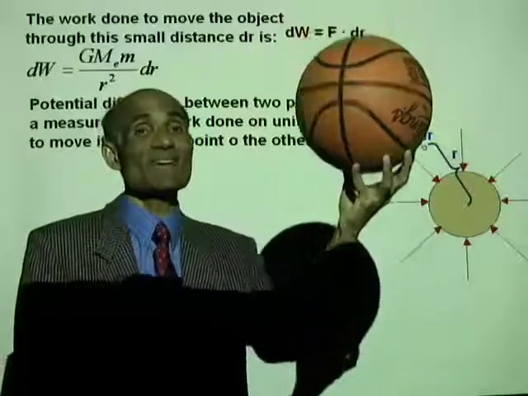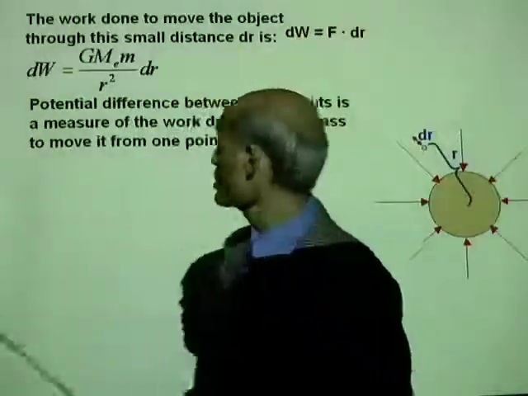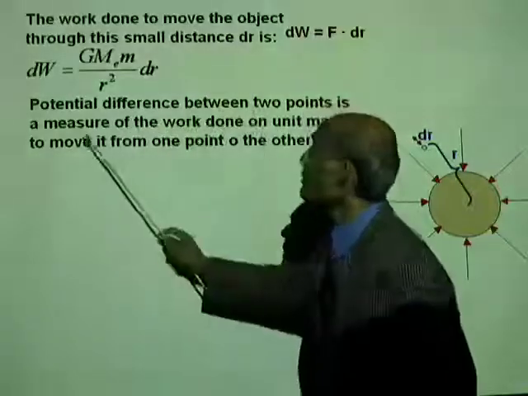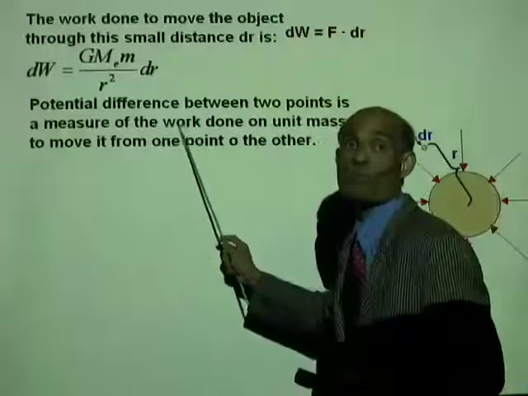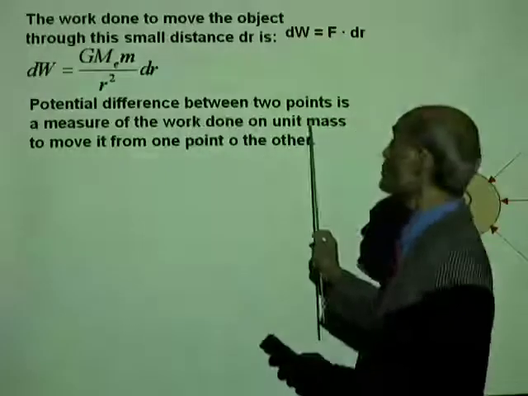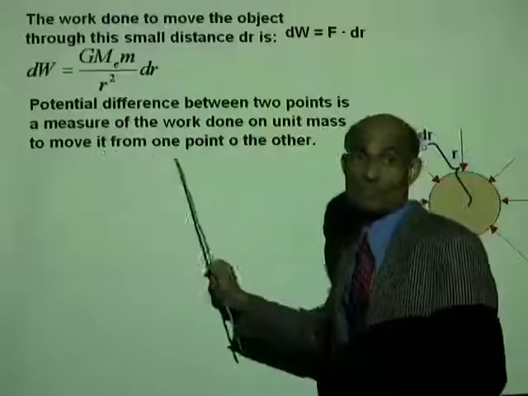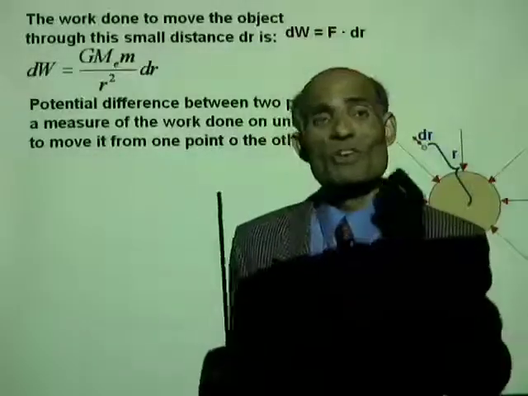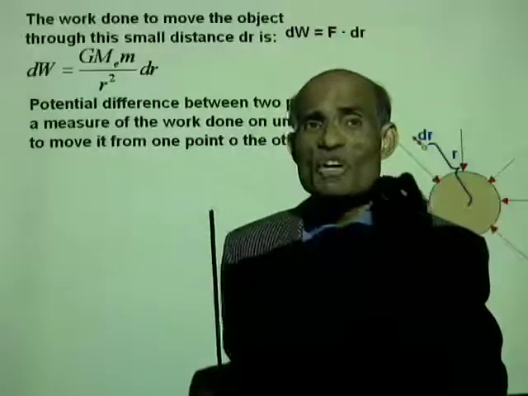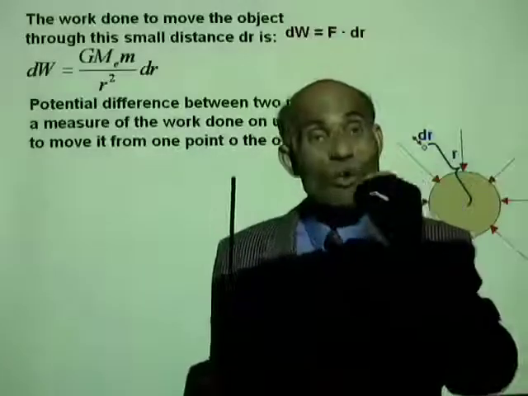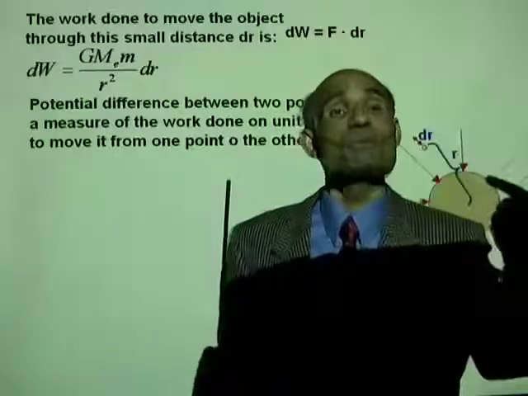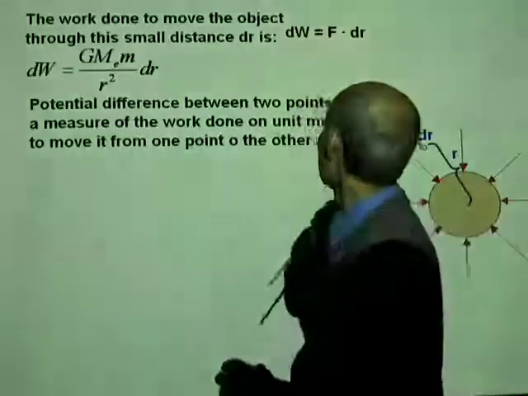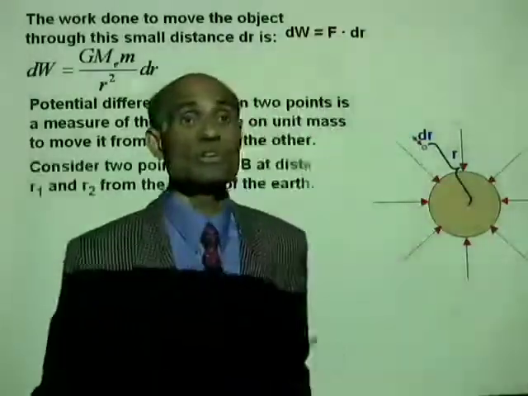So, potential difference between 2 points is a measure of the work done on unit mass to move it from one point to the other. In other words, the potential difference is a measure of the work done per unit mass to move it from one point to the other.